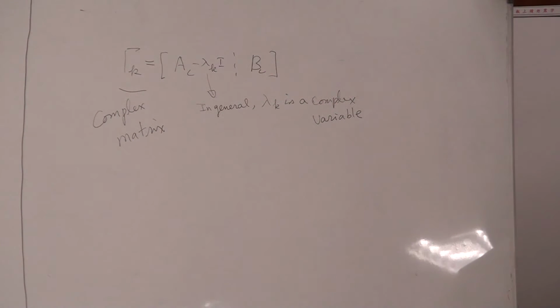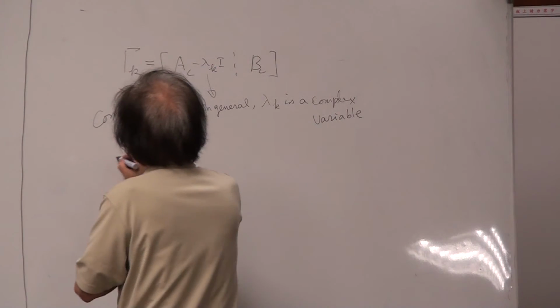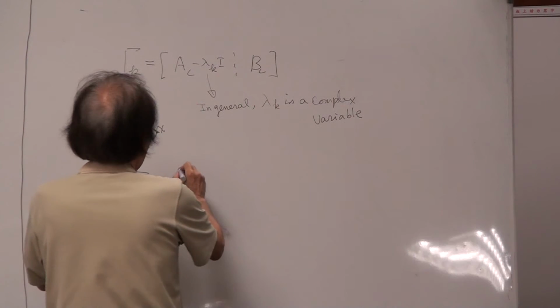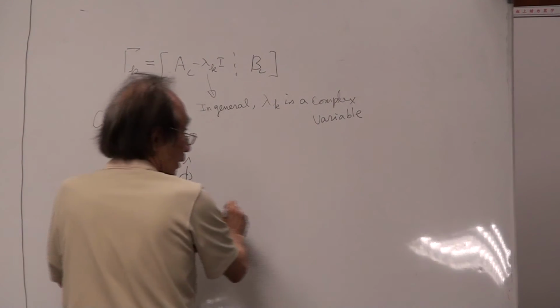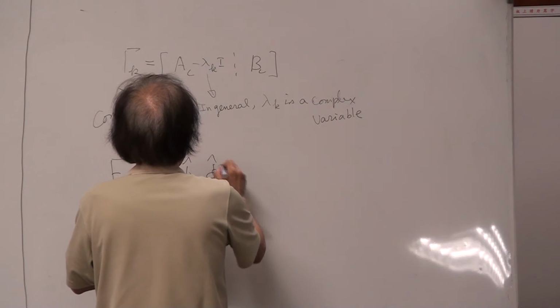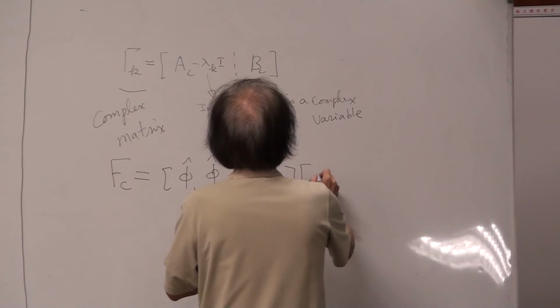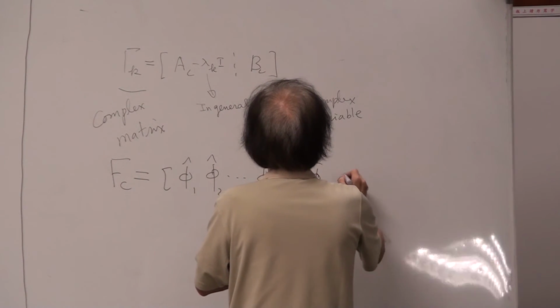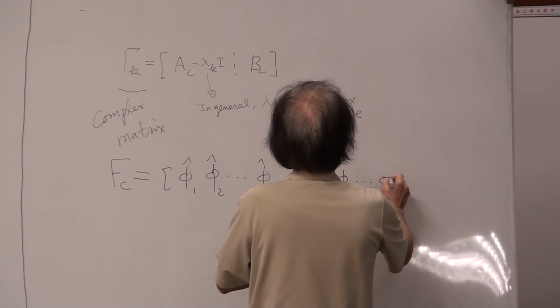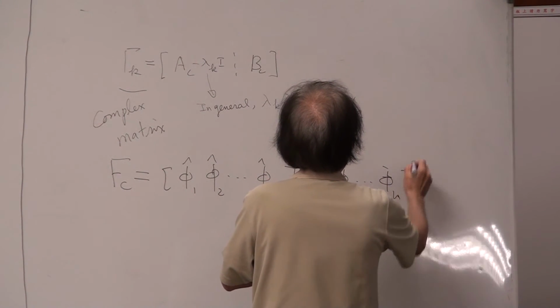That means all this is complex. So FC is equal to psi 1 hat, psi 2 hat, and psi n hat times psi 1 bar, psi 2 bar, and psi n bar inverse.